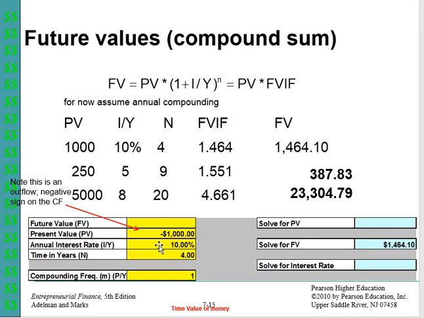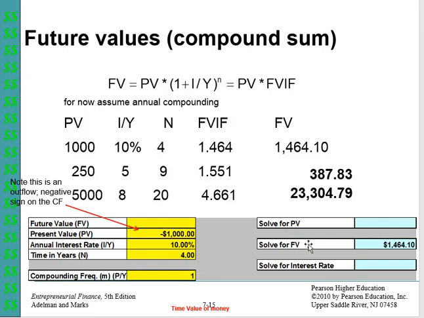Present value always goes in as a negative number. So present value is always negative $1,000. Future value, that's what we want to solve, so that's blank. Interest rate's 10%. Time in years is 4. And we've been talking about annual compounding to start. So annual compounding equals 1.